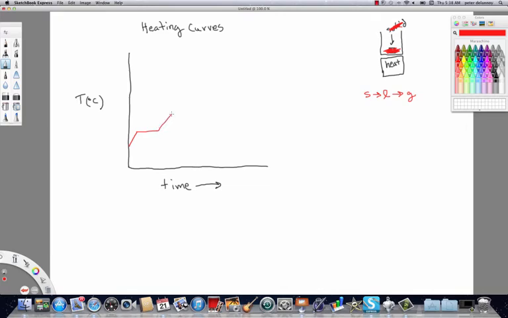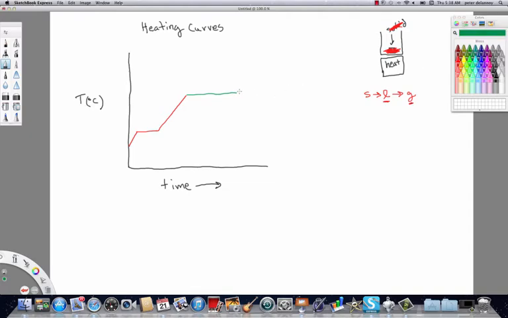The temperature is going to rise for a while, up to another point where you would see, if you continued to measure the temperature, that it had flattened out again. The temperature is going to stay flat until the liquid has been completely converted into a gas.